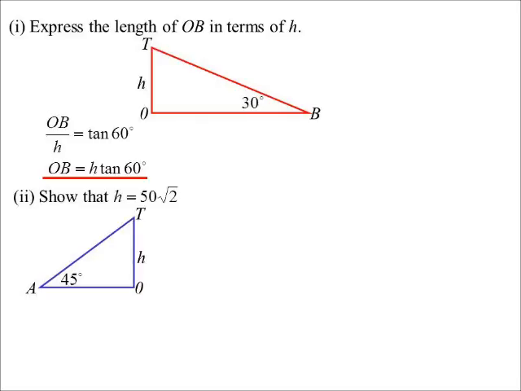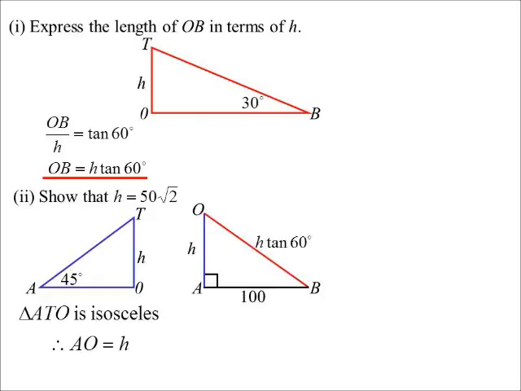We have another triangle, AOT. We know that's 45. Now, ATO must be an isosceles triangle, because it's a 45 degree right angle triangle, angle sum of a triangle, well the other one must be 45 as well. So a right angle triangle, so AO is also H. And if I look at that triangle that's in the base, we know AB is 100.